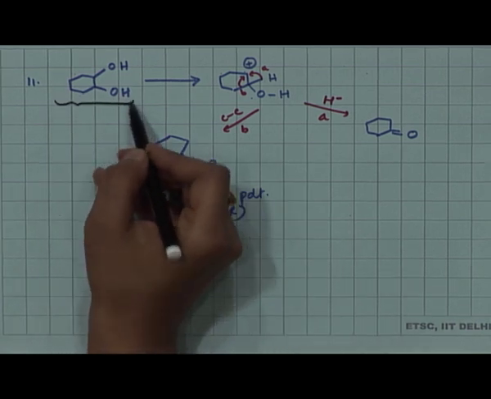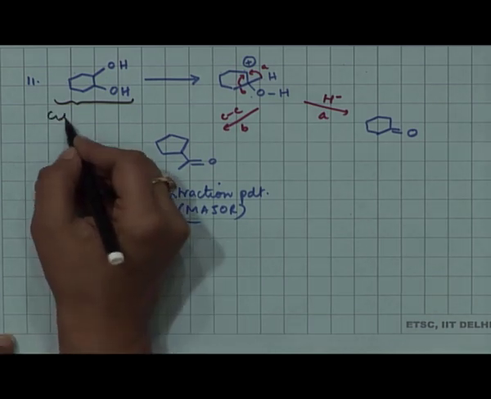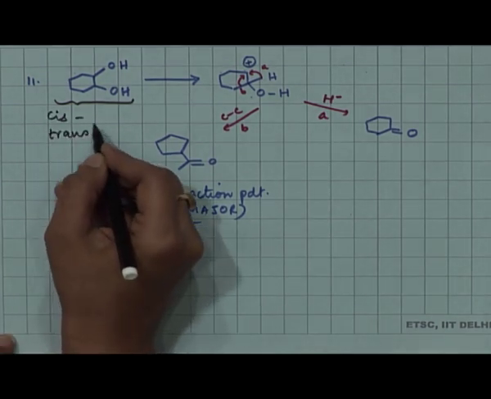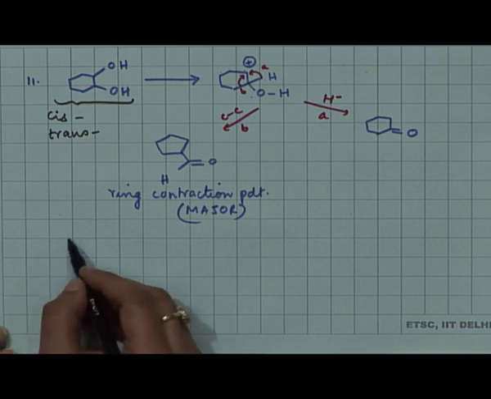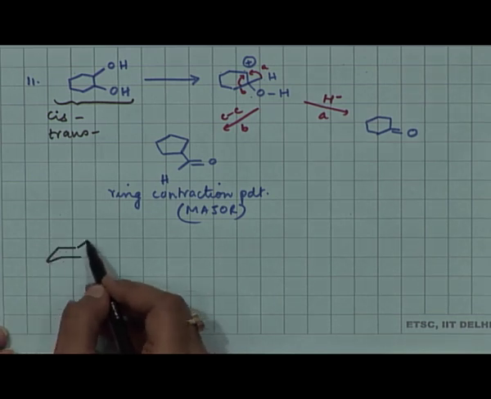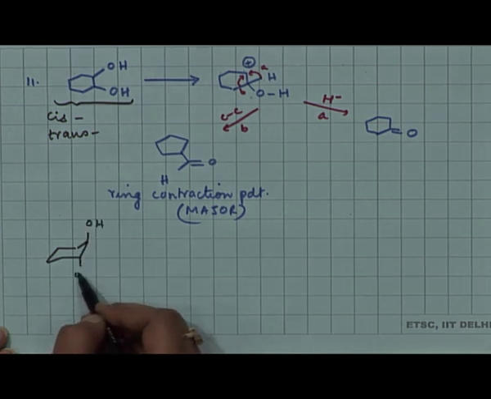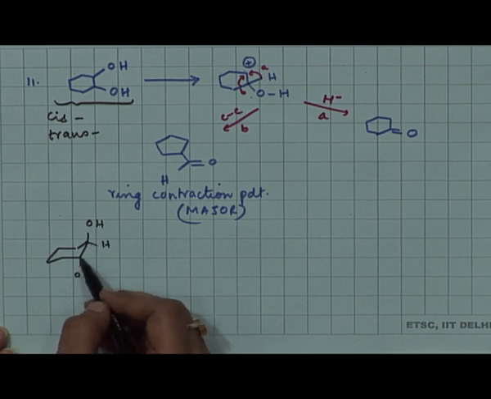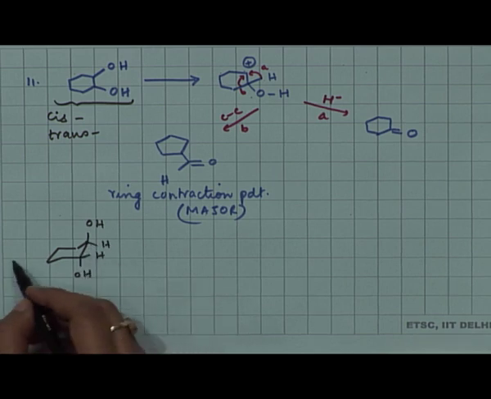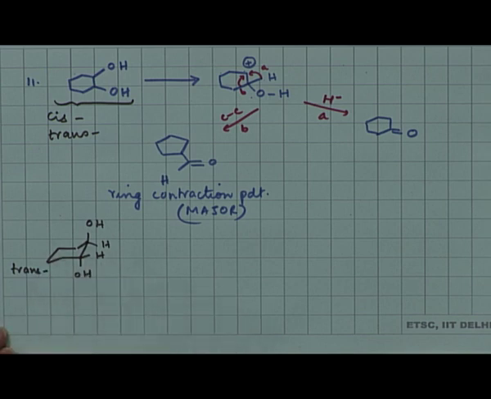The first thing is we have to know about the stereochemistry of this diol. It could either be a cis or a trans. So, if you are starting with a mixture of a cis or a trans, let us say in the chair conformation, how would it look like? If you start with the trans isomer, a trans 1,2 diol, this is what it would look like, your trans 1,2 cyclohexane diol.